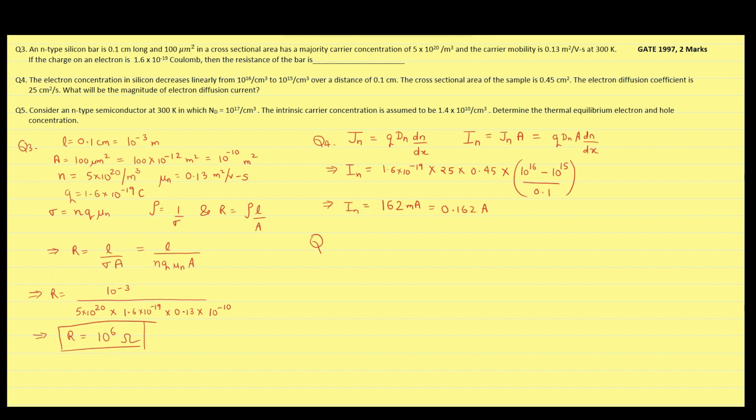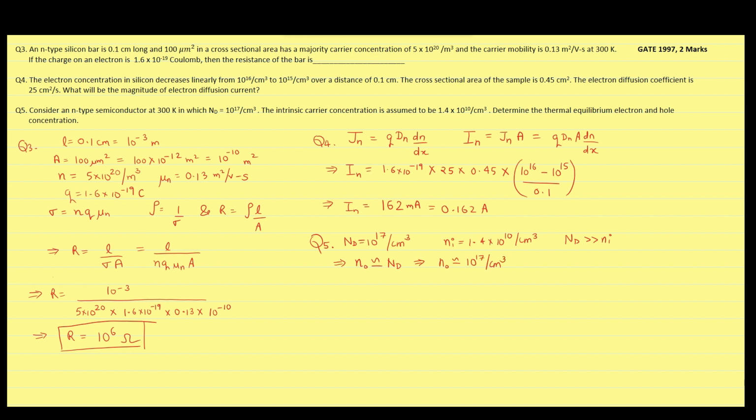For the fifth question, doping concentration Nd is provided 10 raised to the power 17 per centimeter cube, and intrinsic carrier concentration is provided 1.4 into 10 raised to the power 10 per centimeter cube. You can see that doping concentration is significantly greater than intrinsic carrier concentration. Therefore, majority carrier concentration, which is free electron concentration, will be approximately equal to doping concentration.